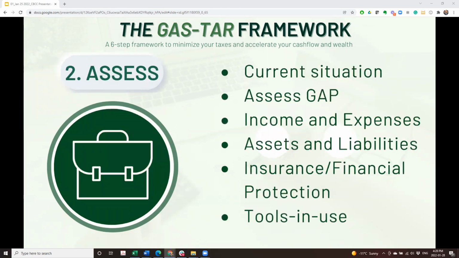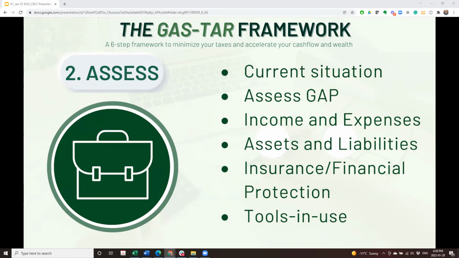And the second step, you want to assess your current situation. I talk about the gap here, meaning the difference between your income and expenses. You want to make sure you're looking at how much you're making, to make sure you're increasing that over time. You're looking at your expenses to make sure you're reducing them so you have enough to save and invest.